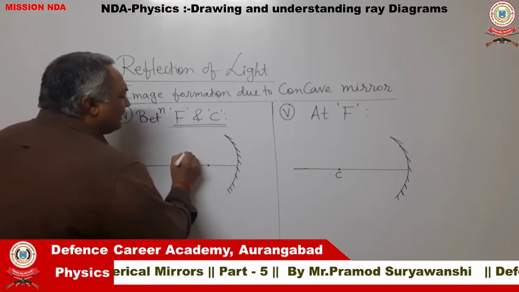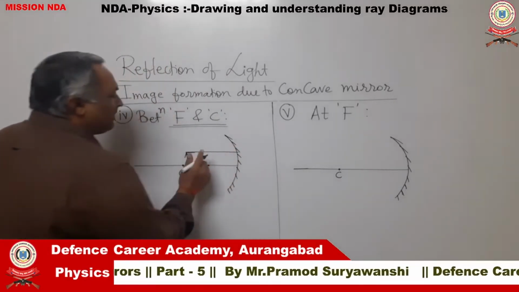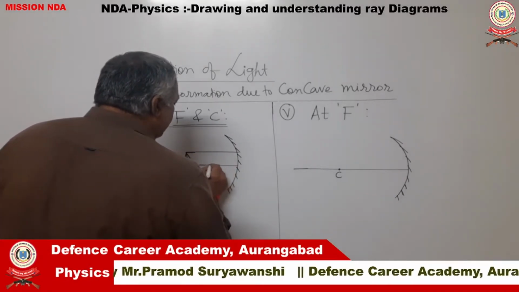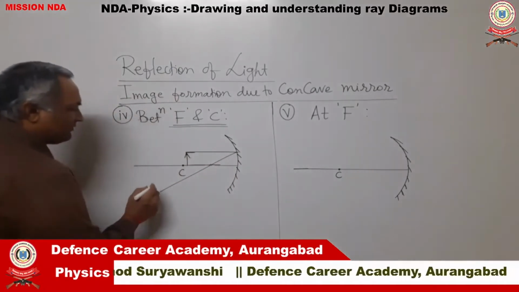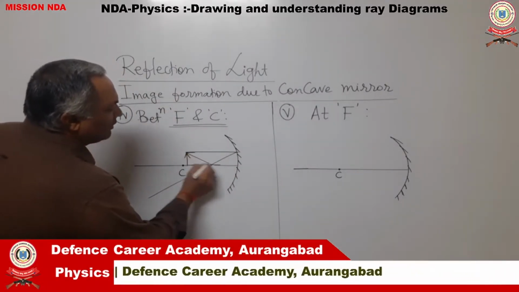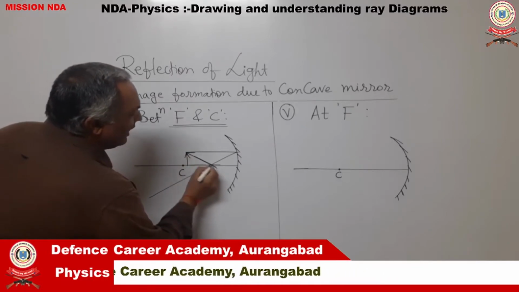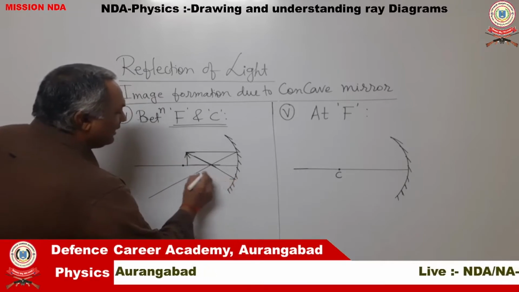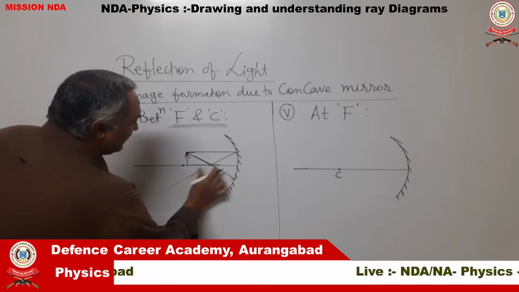Again, as usual, the two rays of light, first parallel to the principal axis. After reflection, it passes through the focus, extended backwards. Second ray of light passing through the focus, and therefore after reflection, it goes parallel to the principal axis.